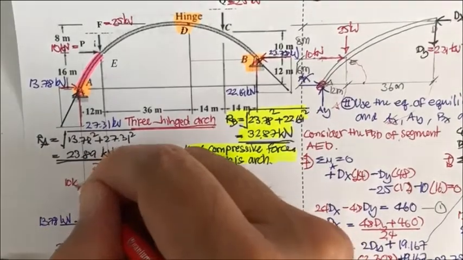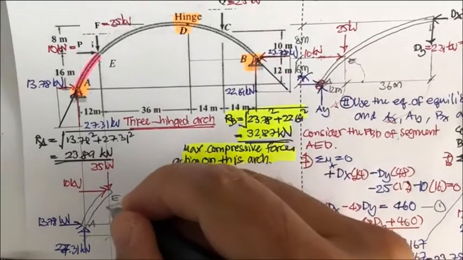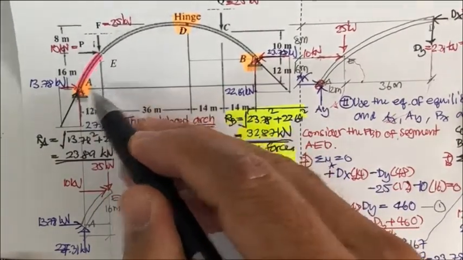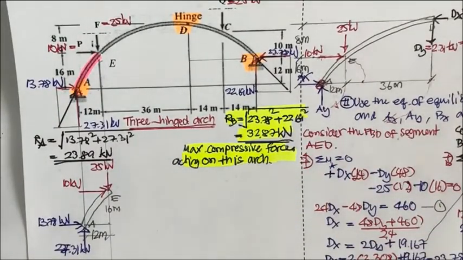You have this length 16 meter, and this length 16, and this is 12 meter. That is going to be the free body diagram of this part.